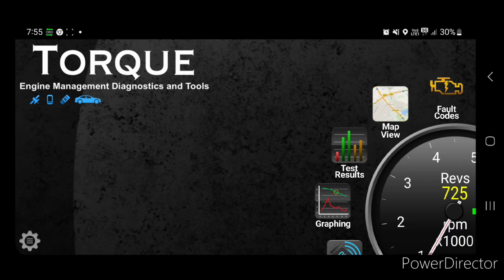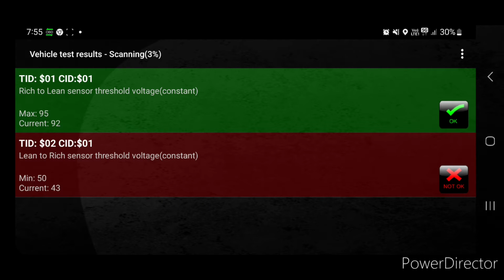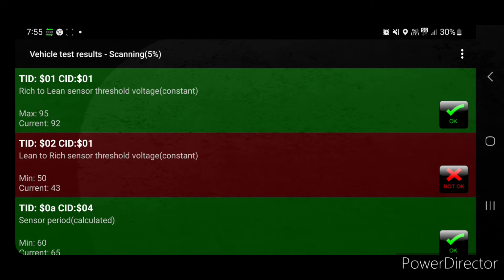Let's see the test result. So it says here, rich to lean sensor threshold voltage constant, maximum 92, current 92. It passed. TID 02 CID, lean to rich sensor threshold voltage constant, minimum 50, current 43. That's our fault, guys.